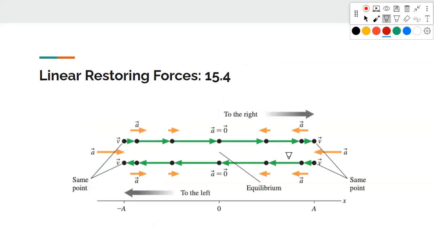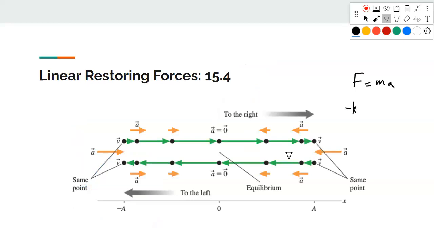This is a very busy diagram, but it's attempting to show you the forces involved at each position, and correspondingly, the acceleration. So we know from 3A that force is just mass times acceleration. And for these mass spring systems, the only force is coming from the spring.